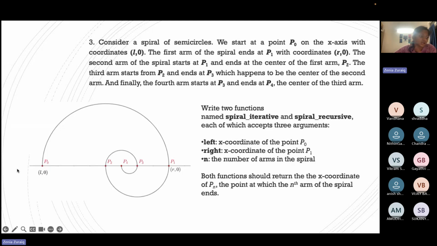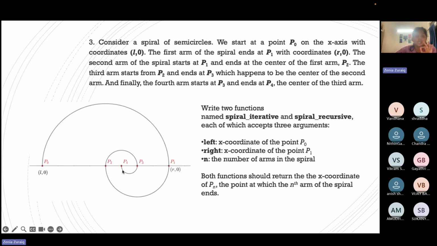For example, in this picture, we have four arms: 1, 2, 3, 4, and finally we are ending with P4. Both functions should return the x coordinate of Pn. Pn is the point at which the nth arm of the spiral ends. So for example, here Pn is P4 because there are four arms and it ends at P4.